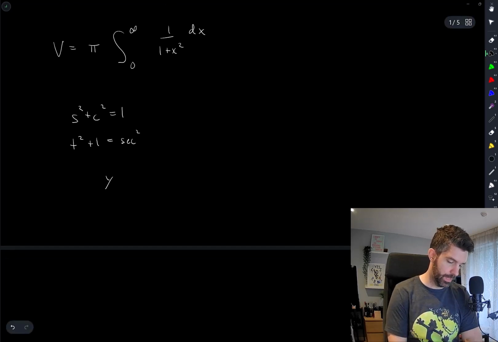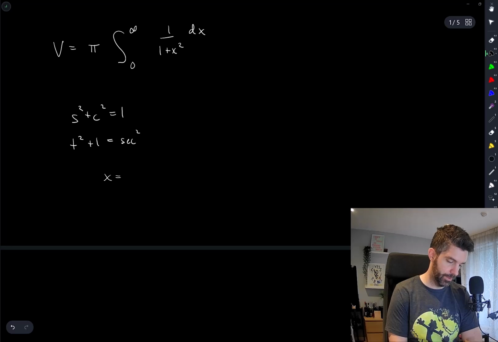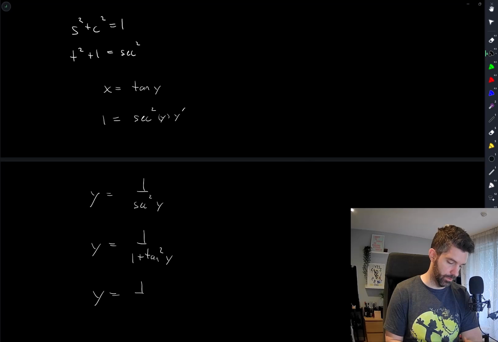If I say x is equal to tan y, then 1 is equal to secant squared y times y prime. So y prime is 1 over secant squared y, which is equal to 1 over 1 plus tan squared y, and that is 1 over 1 plus x squared.